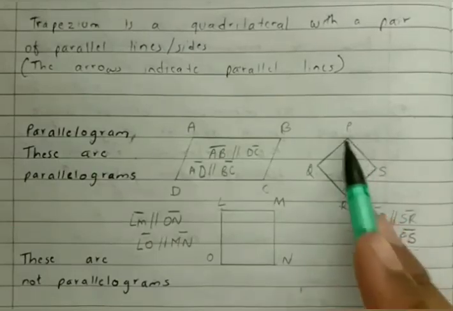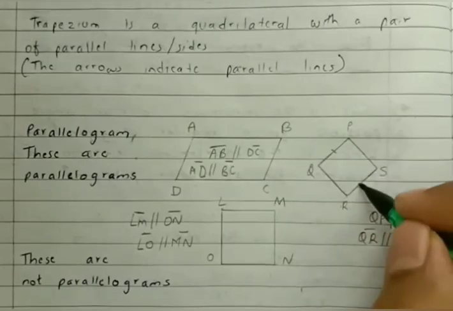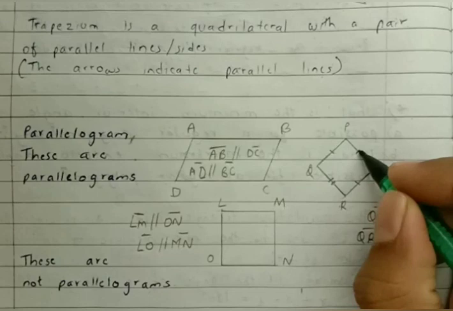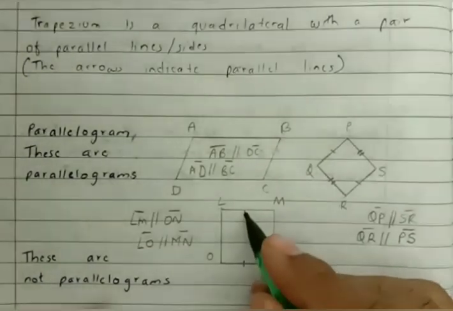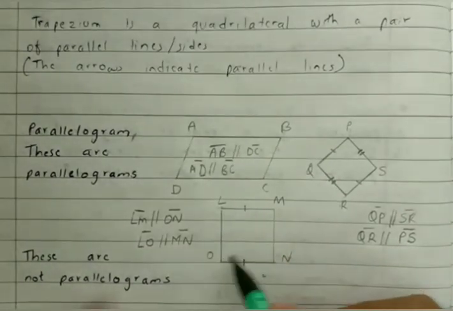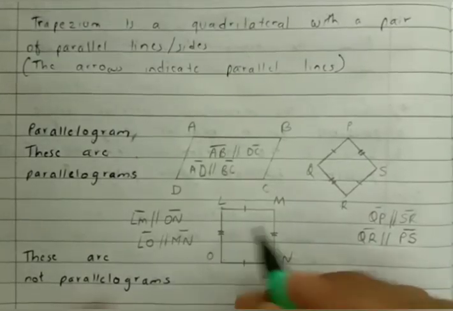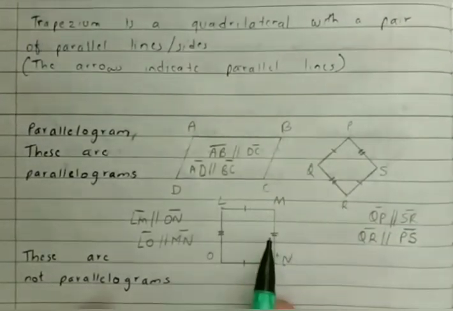And QR is parallel to PS, right? You can identify with the help of this marking which I am doing on the print. And LO is parallel to MN. These both are parallel to each other. So all these are parallelograms.